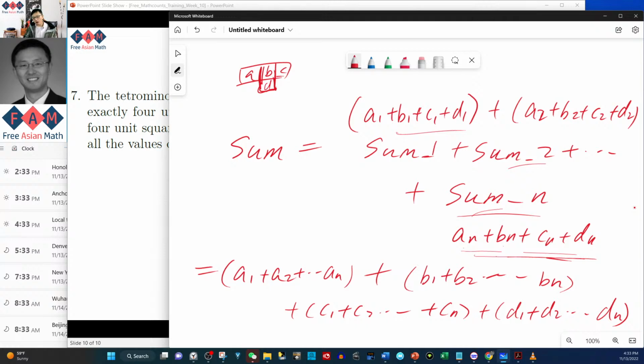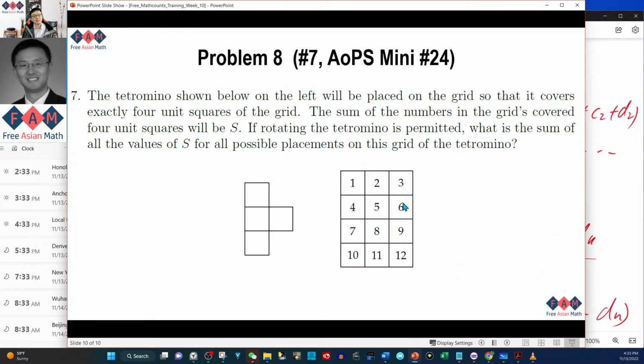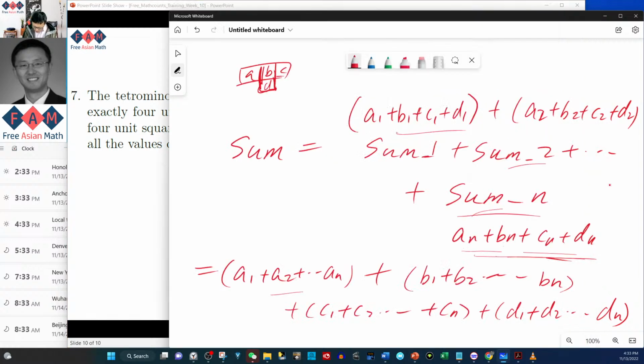But another way is to look at the rows of the grid to see, say, let's say number 1. This is a different way of thinking, but following the same spirit. We just need to see how many different ways we can add them up.